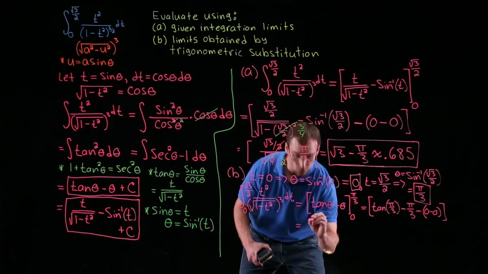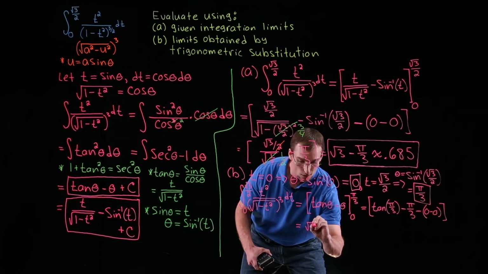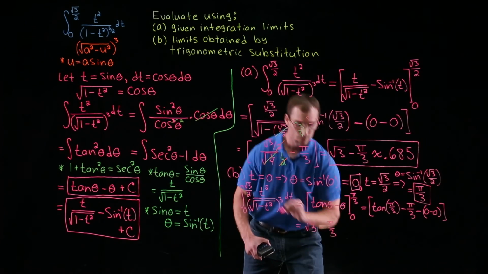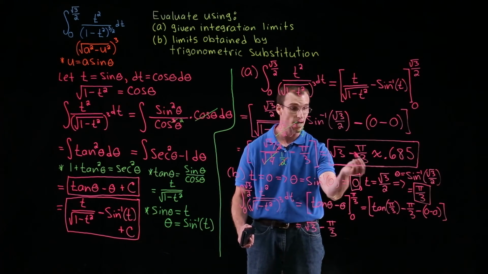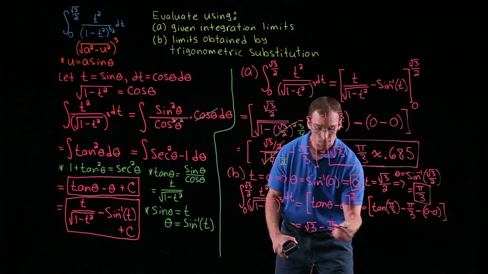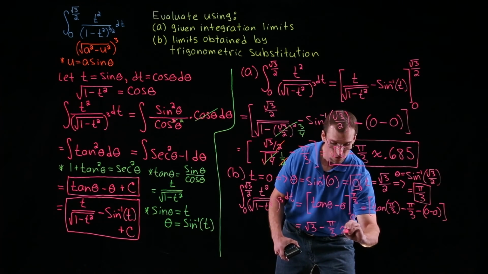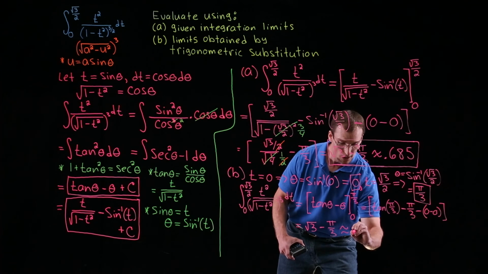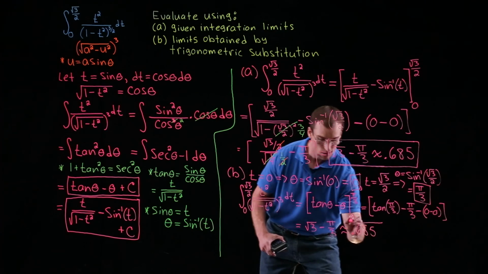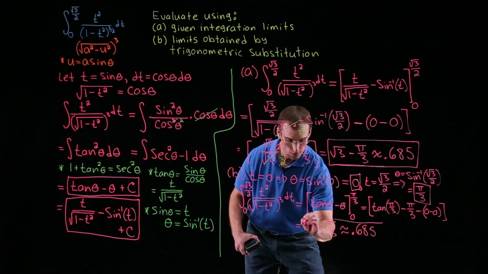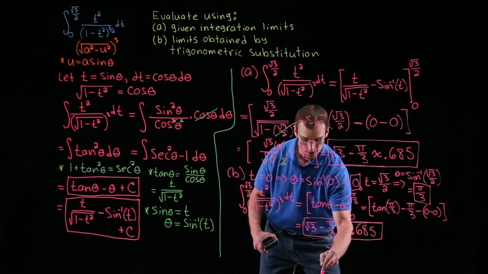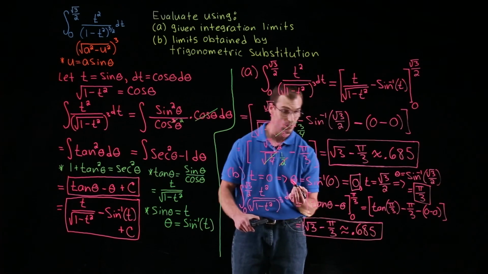And the tangent of pi over 3 is just root 3, and minus pi over 3. Which should come as no surprise, which is what we got in exact form from our first evaluation. So we have root 3 minus pi over 3, which again is approximately positive 0.685. So there we have our definite integral using the limits obtained from trigonometric substitution.